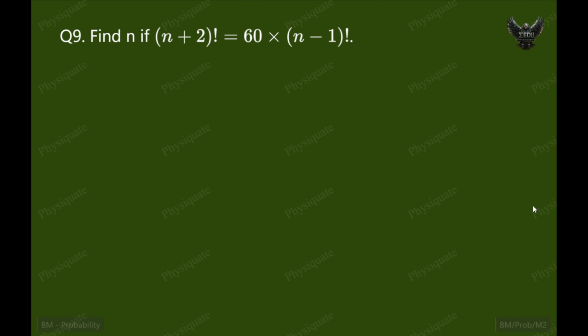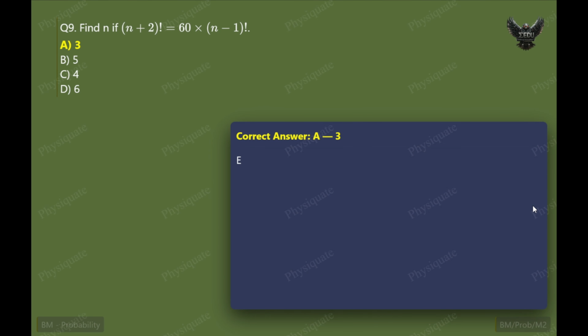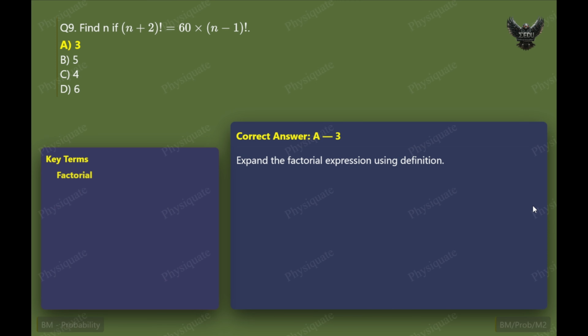Question 9. Find n if (n+2)! equals 60 times (n-1)!. Correct answer is to expand the factorial expression using definition. Now let us consider factorial.